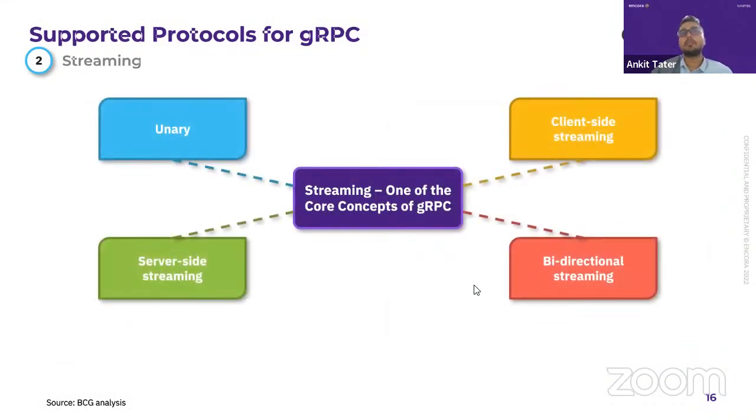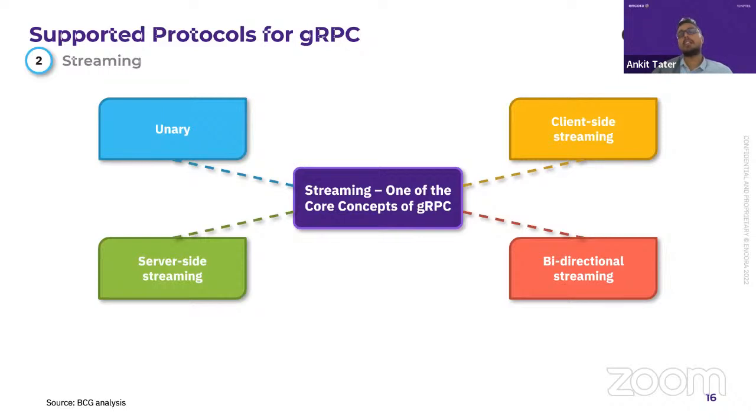Streaming is one of the core concepts of gRPC. It supports multiple stream types. First is unary, and then we have client-side streaming, server-side streaming, and bidirectional streaming. When we talk about unary, it's simple, like how REST works, right? Single request-response structure.